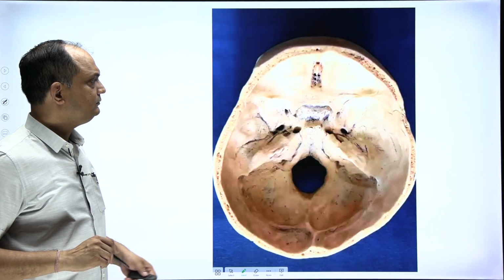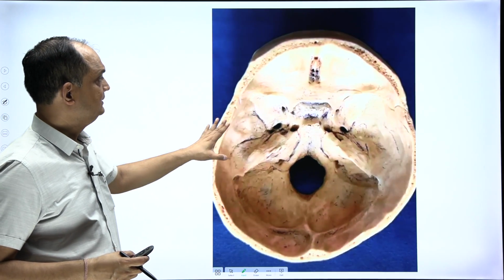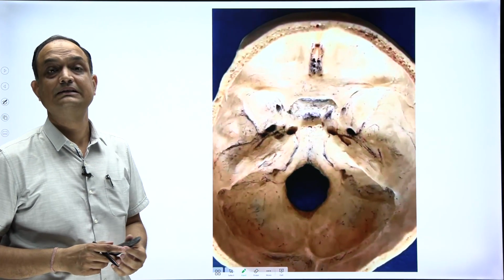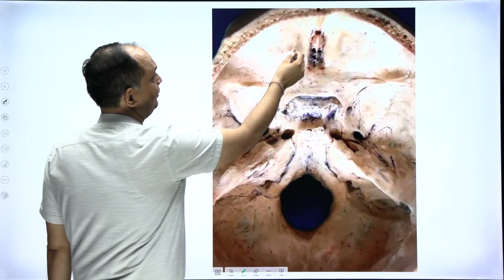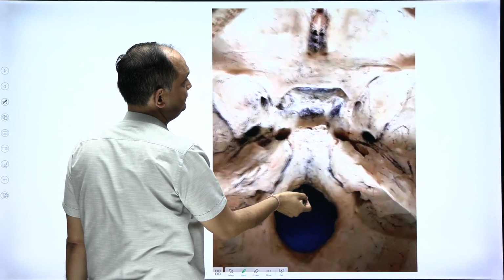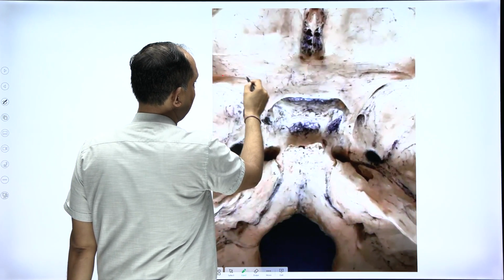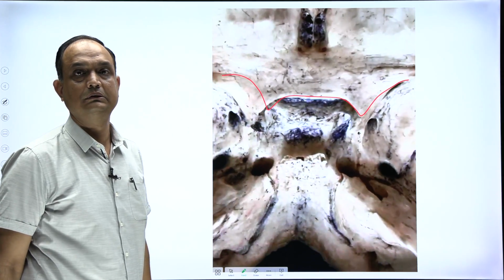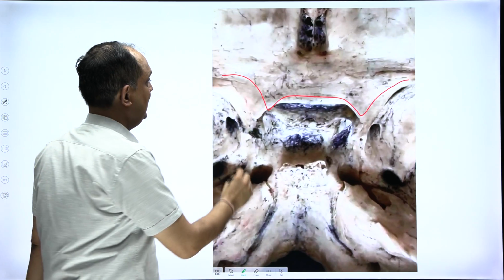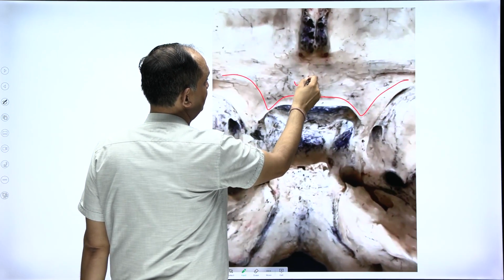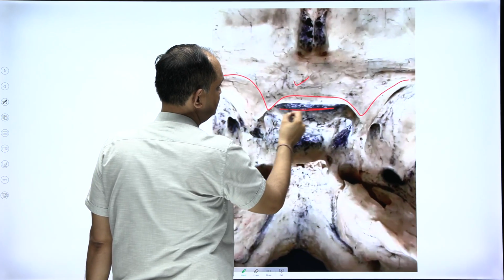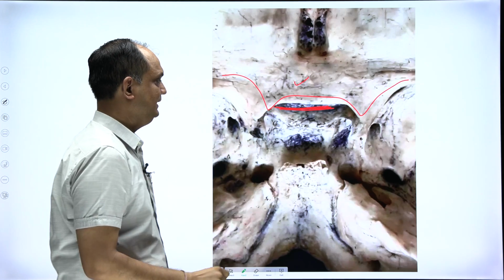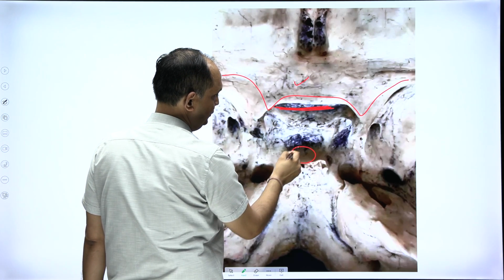So now we'll just revise this. Now this is your skull. In this skull, from anterior to posterior, what we have discussed is this part of the posterior part of the lesser wing, and this is the area of the jugum sphenoidale. Here comes your sulcus chiasmaticus. This will be your pituitary fossa.